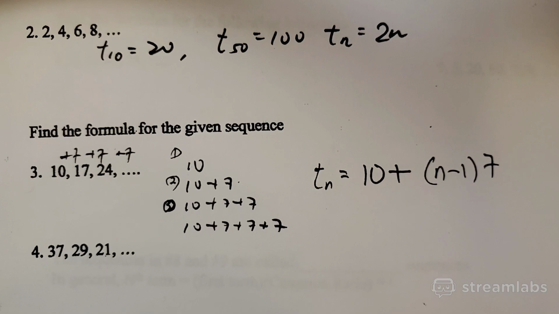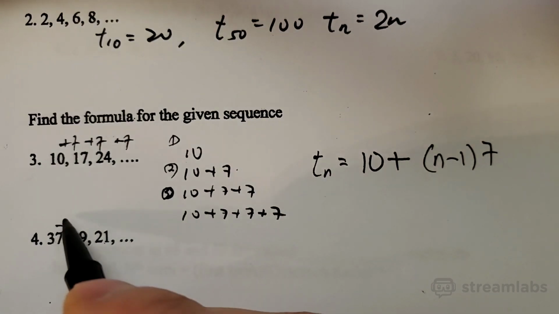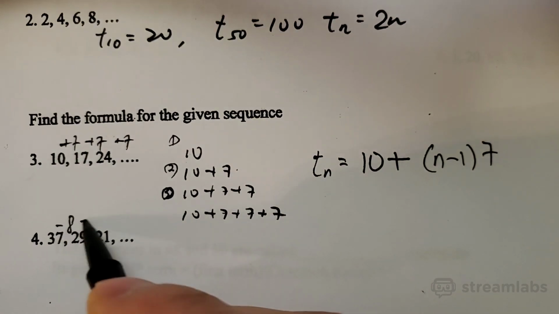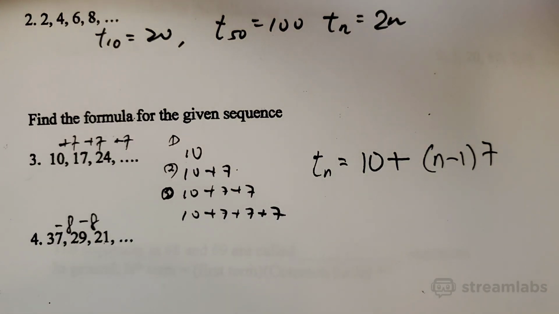How are we doing? All right. So with the same logic, this is a minus 8, minus 8 each time, right?